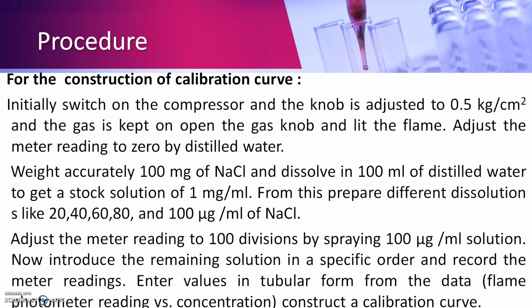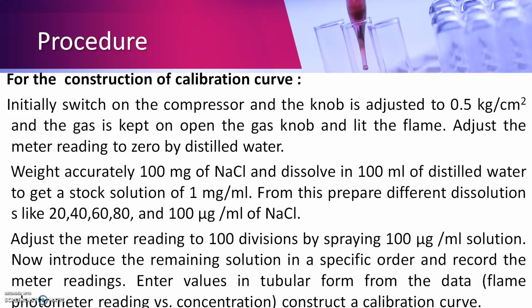Adjust the meter reading to 100 divisions by spraying the 100 microgram per ml solution. Now introduce the remaining solutions in a specific order and record the meter reading. First of all, we take the highest reading on the instrument. Then we start with our first reading.